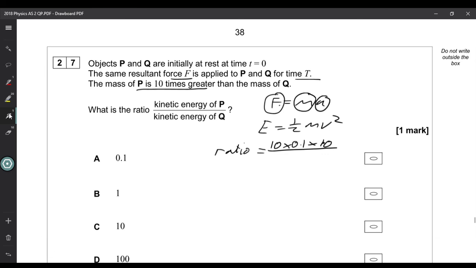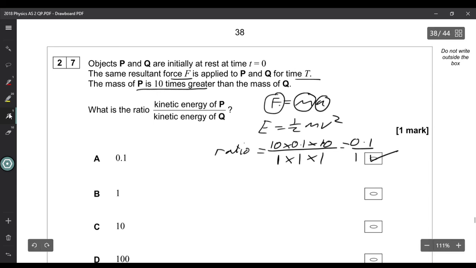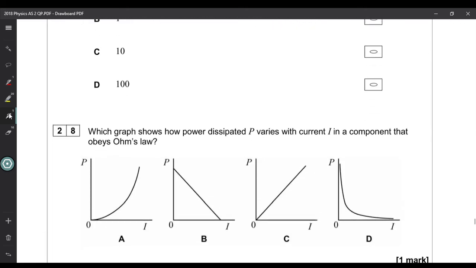Now for the kinetic energy for Q, the relative mass is just 1 because it's a tenth of P. But the relative velocity is going to be 1 because it's 10 times that of P. And of course that goes in twice. So what we end up with here is 0.1 squared over 1. So the ratio is going to be 0.01 to 1. So our answer is going to be A.